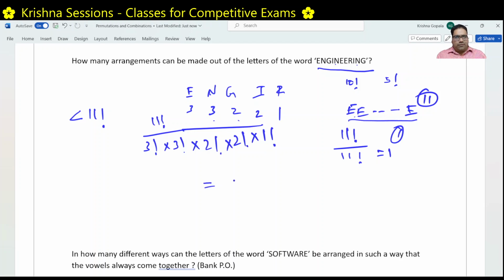If you calculate 11 factorial divided by 3 factorial into 3 factorial into 2 factorial into 2 factorial, this will become 277,200. You can try it outside.